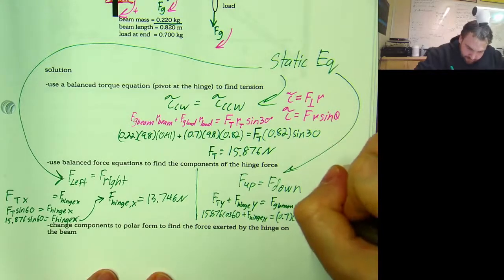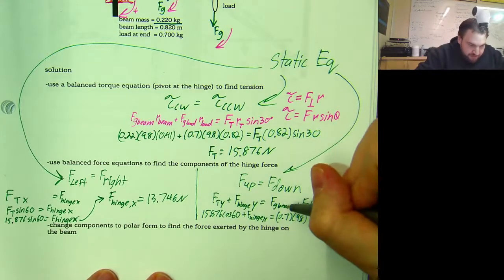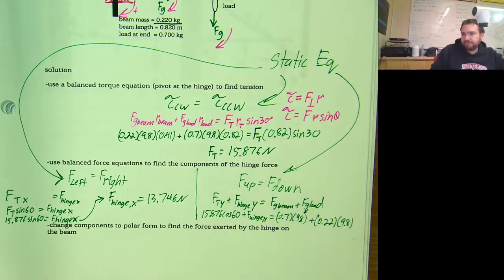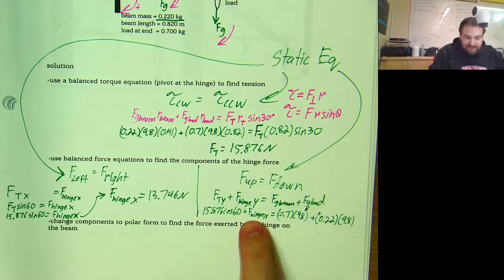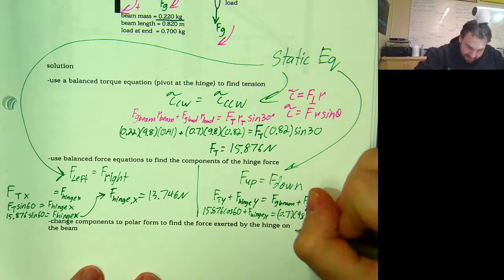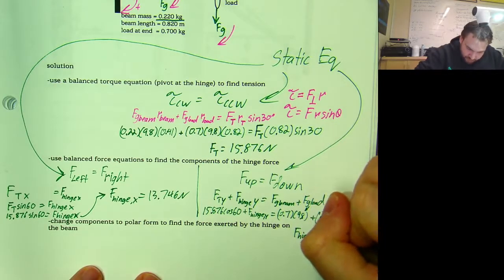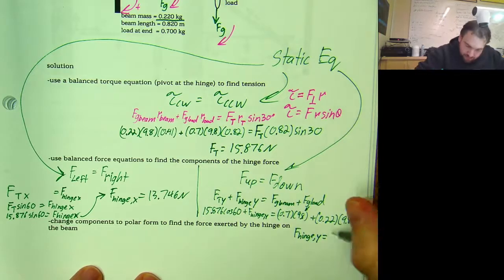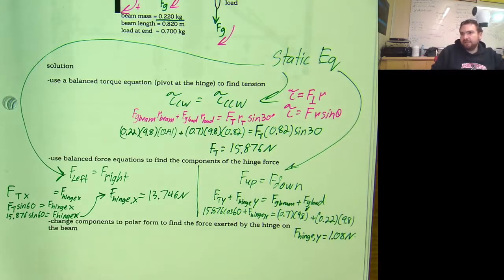And then FG beam, the mass of the beam was 0.22, so it's going to be 0.22 times 9.8. Solving this, you should be comfortable with that. I get F hinge Y equal to 1.08 newtons. So not a lot, relatively speaking.